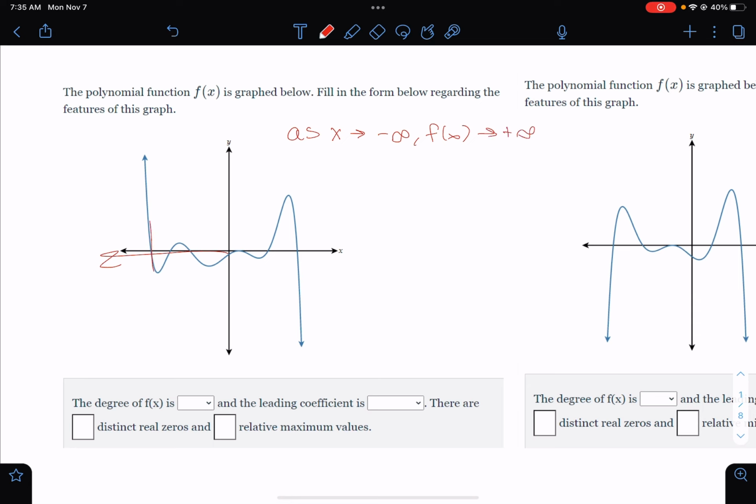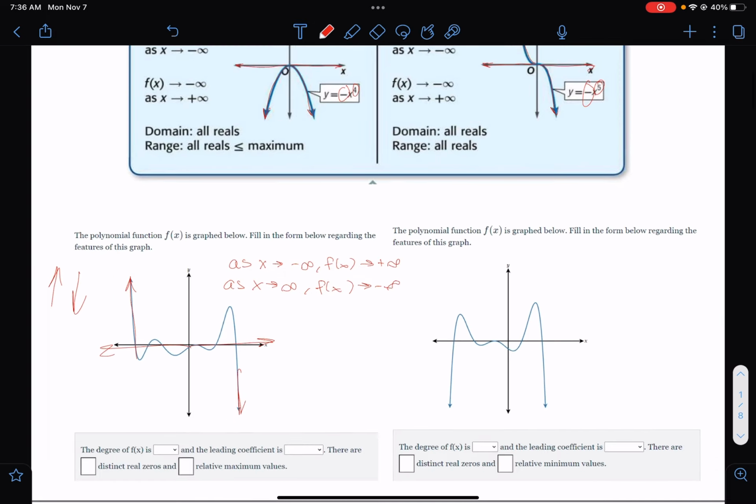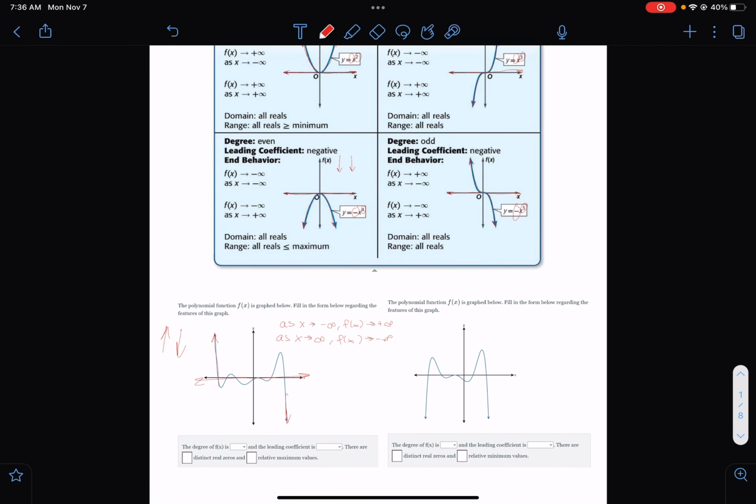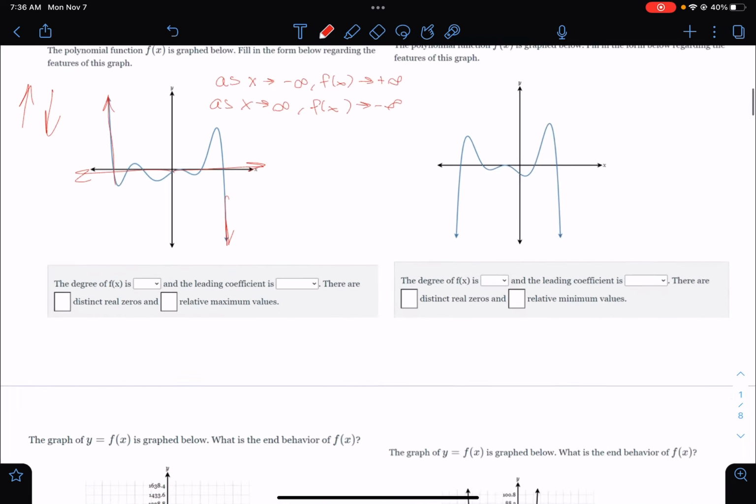As x is going that direction, the function's going up. And then as x goes to positive infinity, meaning this direction, f of x, our function, is going to go to negative infinity. Just by looking at these end behaviors, where do we have it going up in that direction and down this direction? We're going to have an odd degree and a negative leading coefficient.